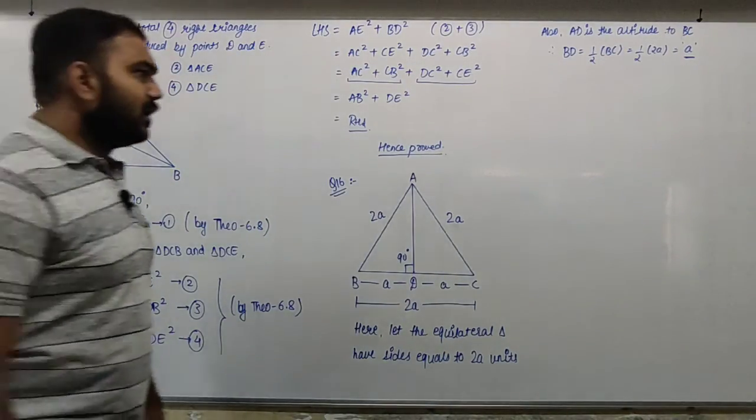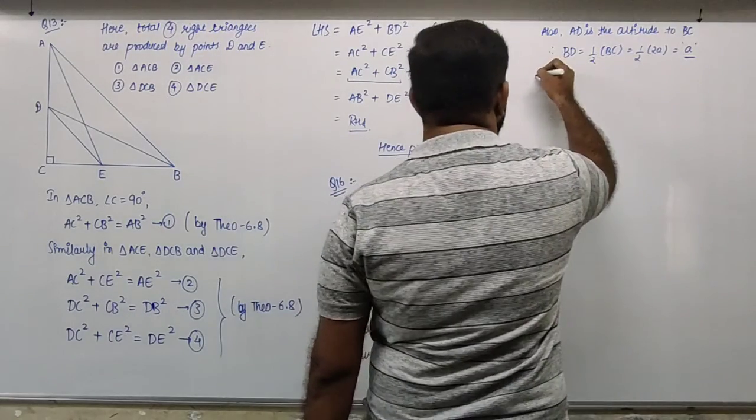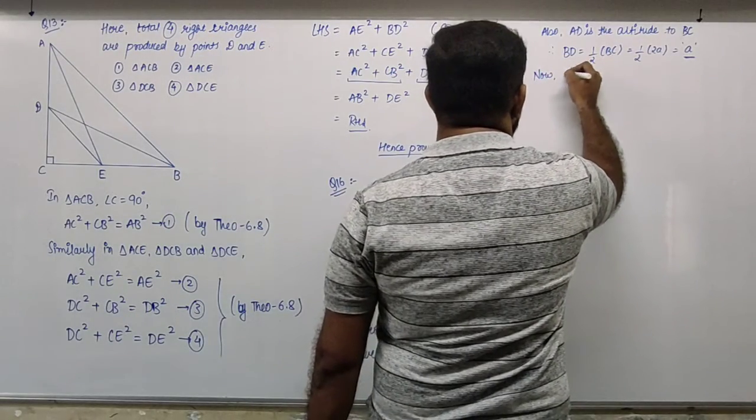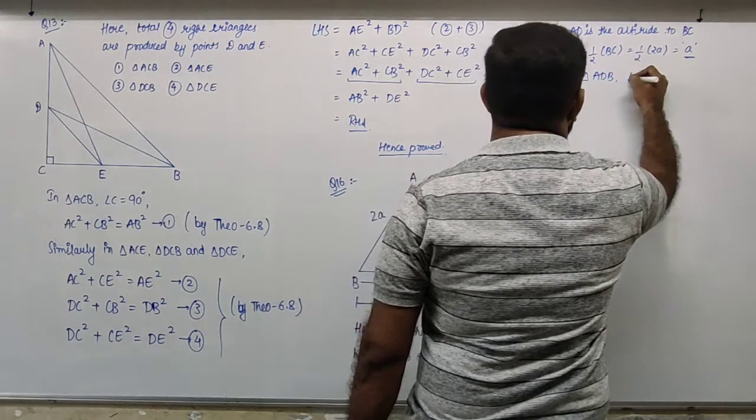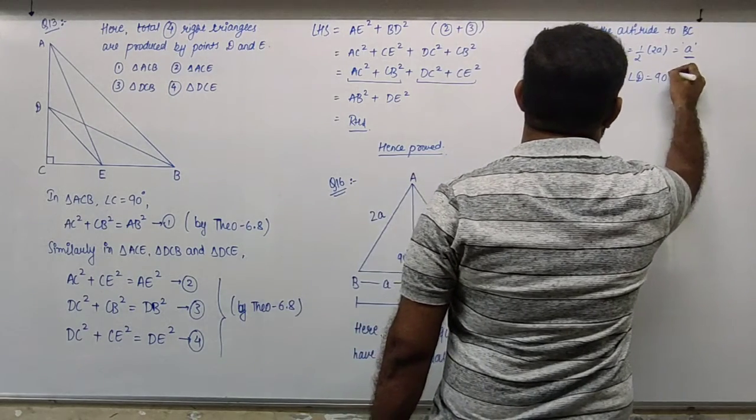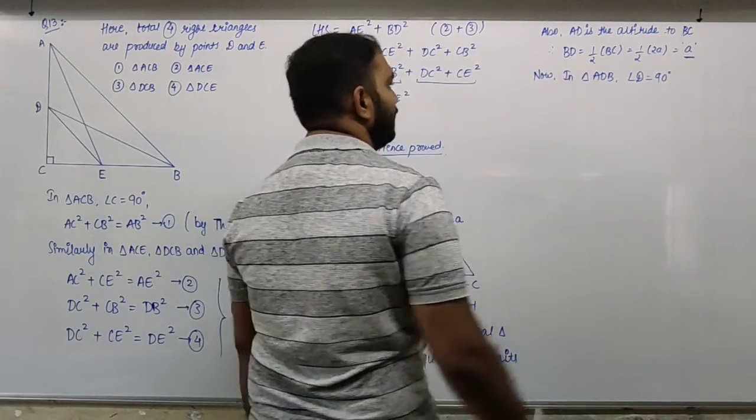Okay, now in triangle ADB, angle D is equal to 90 degrees.